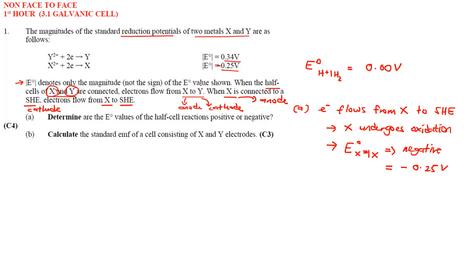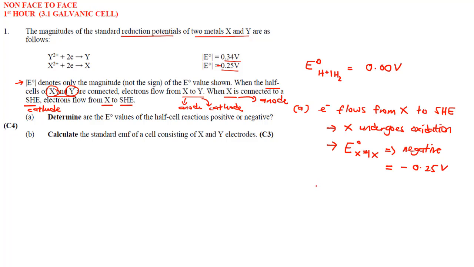Sebab apa? Bila negatif, dia akan jadi lebih negatif daripada X dan dia pula akan oxidize lah. So you must know that value E0 untuk Y tu adalah positif. Sebab apa? Electron flows from X to Y. X oxidize. E0 dia perlu lebih negatif lah. So Y tu, the E0 tu is positive.